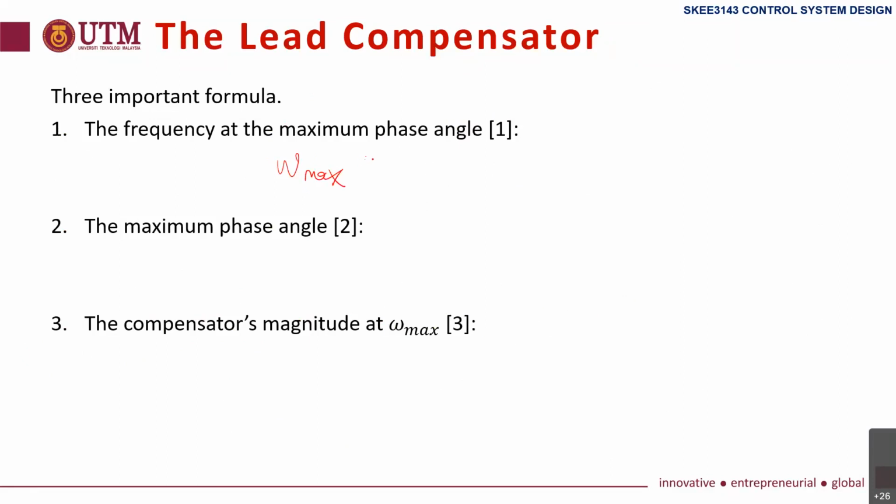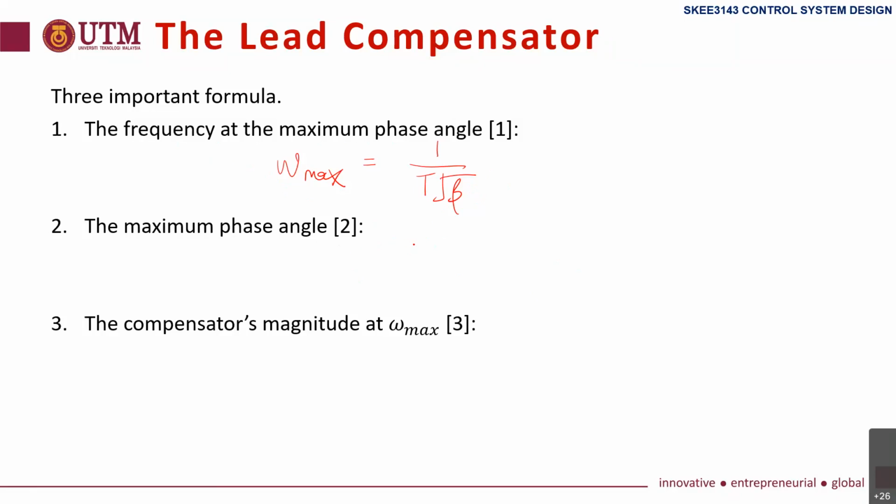Omega maximum is equal to 1 over T square root beta. I think it will be given in the exam, but it's good if you can memorize this. Omega maximum is the frequency at maximum phase angle, 1 over T square root beta.